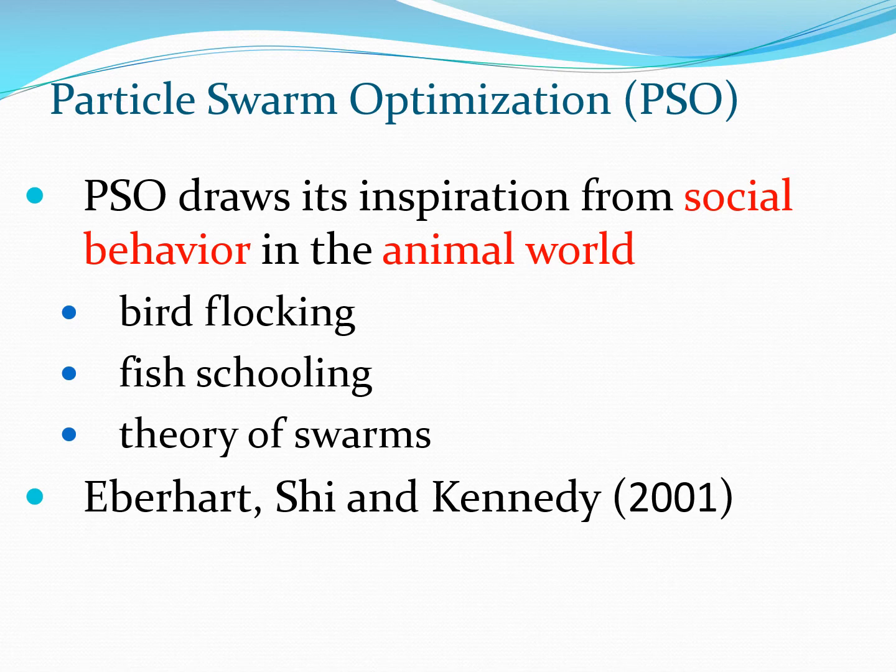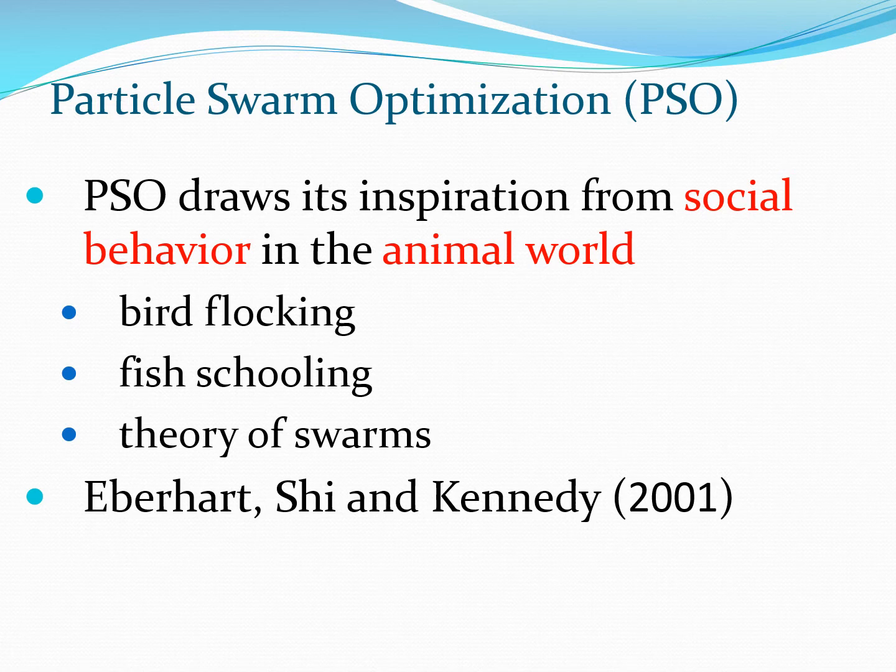Now, PSO comes from the fact that whenever we look out into the world, we see various creatures which tend to flock together. For example, we see birds flocking when they are flying through long distances. We see schools of fishes when they are foraging for food, and we also see swarms.